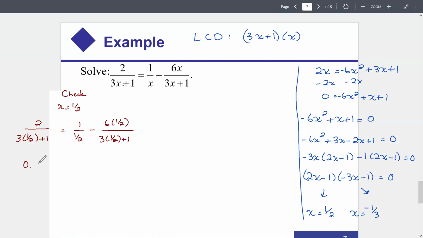This is actually going to be 0.8. And then 1 divided by 1/2 is just going to be 2. And then 6 times 1/2 divided by 3 times 1/2 plus 1, we're going to get 1.2. And what we're going to see is 0.8 equals 0.8. So this means that x equals 1/2 is actually one of my solutions.